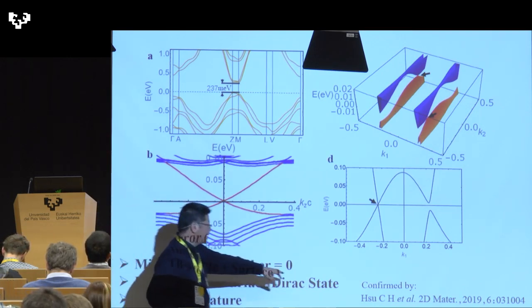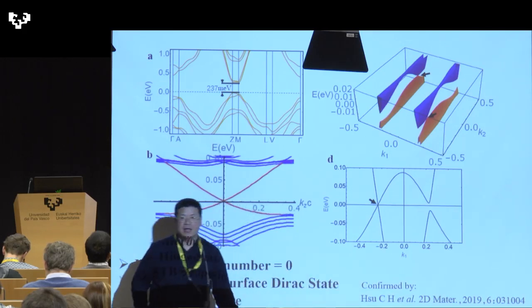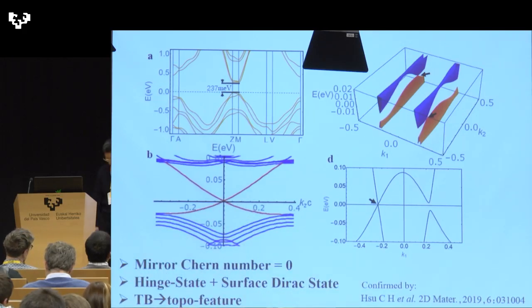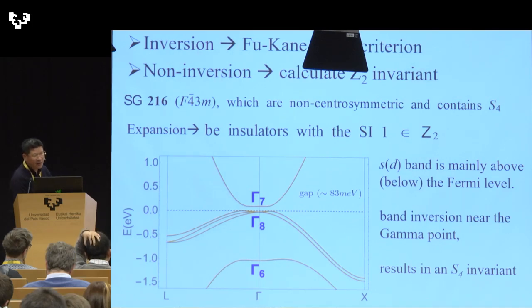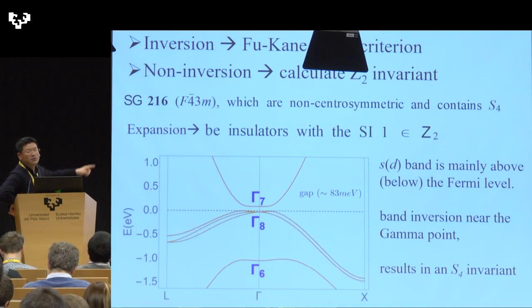Our result is also confirmed by other people's studies. We also used this to check. As I told you, if the system has inversion symmetry, you use the parity to calculate the topological invariant Z2, right?